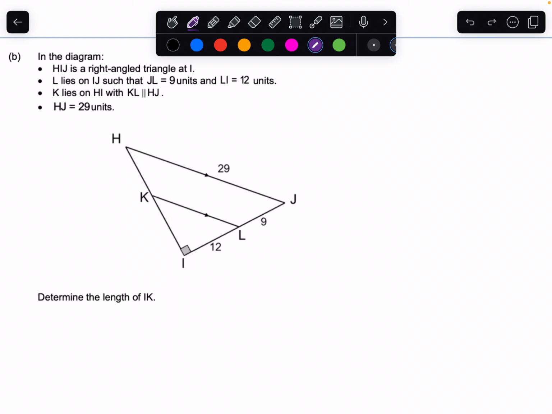Even if I were to go down my similarity route, that was going to give me the length of this side, but without knowing how long this is, I wouldn't be able to find out how long that is.